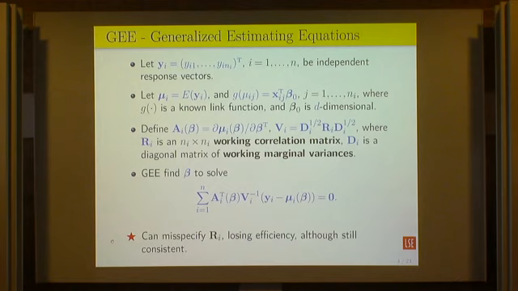So let's begin by looking at what model we're using and how the generalized estimating equation can help in analyzing those longitudinal data. We assume that our observation yi contains different individuals, so you see yi1 up to yini.